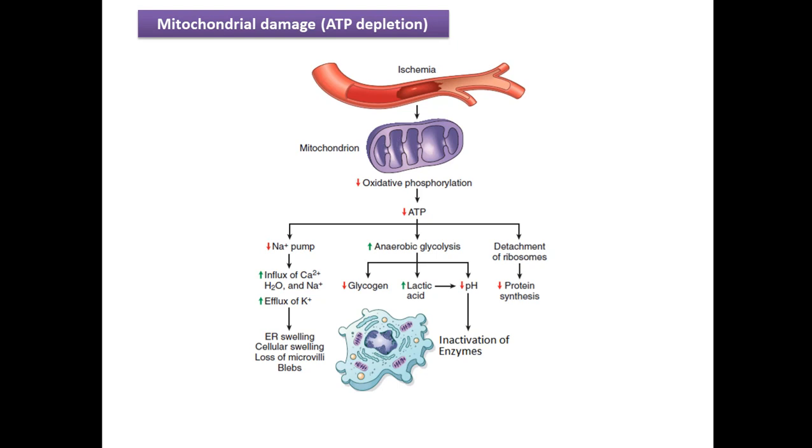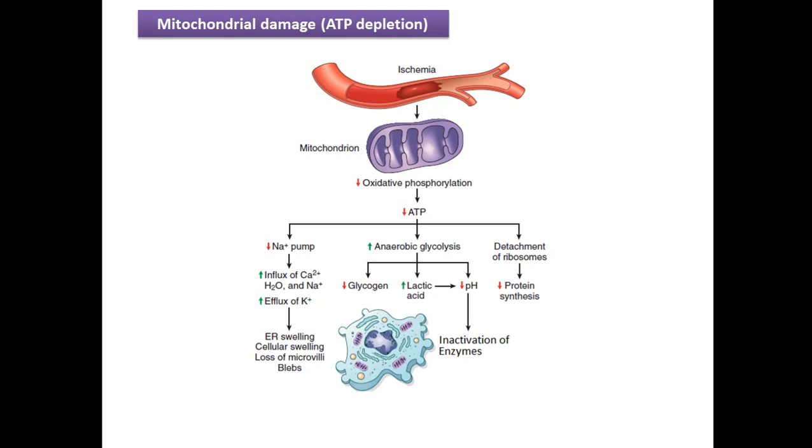Moreover, when the cell is unable to get ATP from aerobic respiration, which needs the presence of oxygen, but when the cell is deprived of oxygen for a short period of time, like in emergency, there will be anaerobic glycolysis.